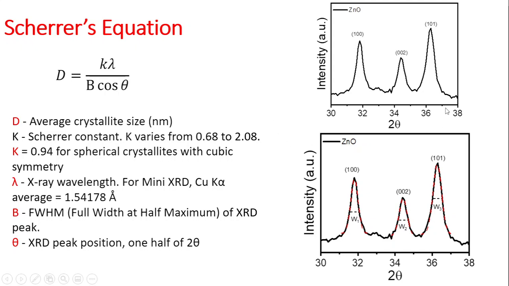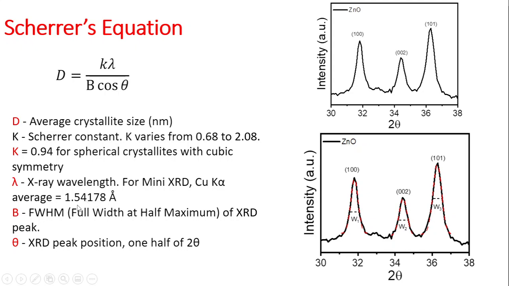Once you have the XRD, I will be showing how the crystallite size is calculated. So D, in this formula, is the crystallite size, K is Scherrer's constant, and this can vary between 0.68 and 2.02 depending on the nature or the shape of the crystallite. Lambda is the wavelength of the X-ray.